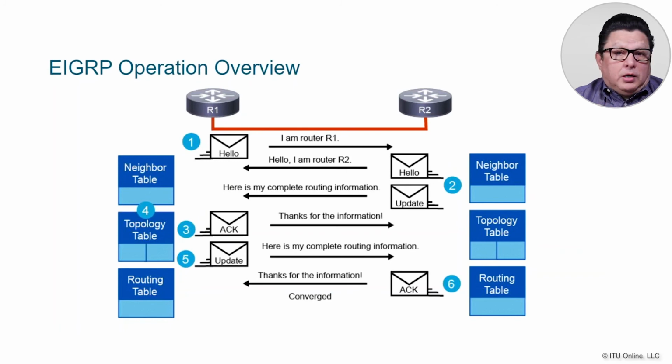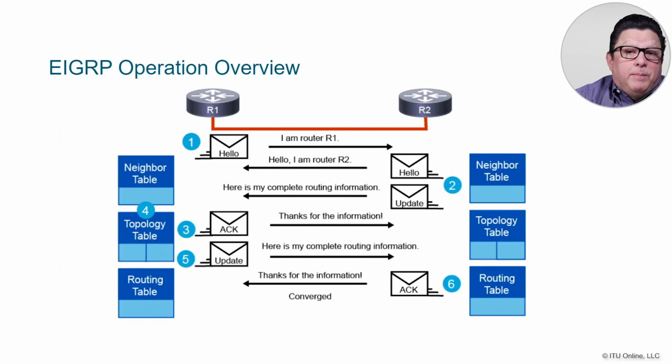So the DUAL algorithm then analyzes all the information in the topology database, and then according to the metric, you'll see that a little later, the path with the best metric is then placed as the successor, and is then installed in the routing table.